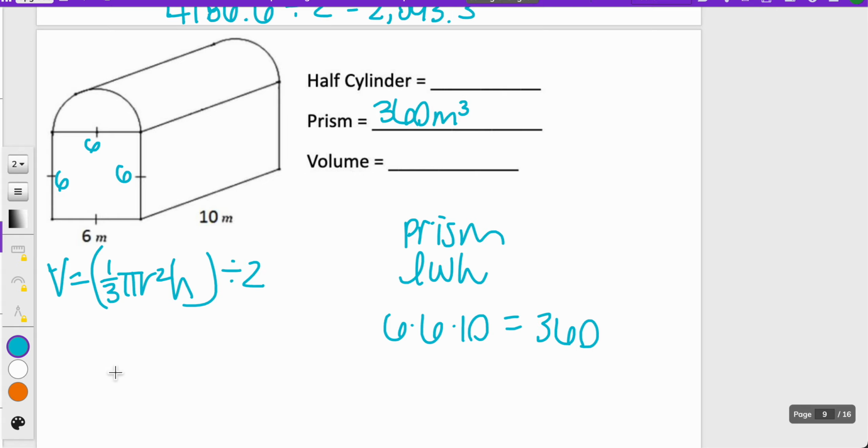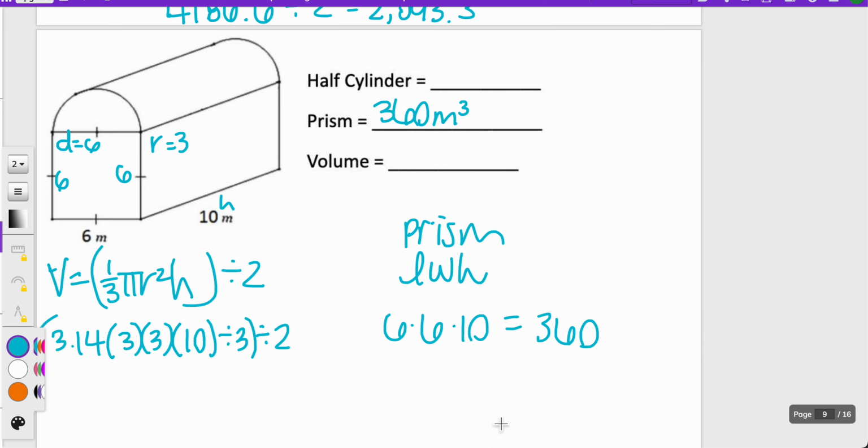Now let's go back to our volume of our half cylinder. I need my radius, and right now this diameter is all that I'm given. So if diameter is 6, radius will be 3, and my height is 10. So we're going to do pi times 3 times 3 times the height, which is 10, divide by 3, then divide by 2, since it is a half cylinder.